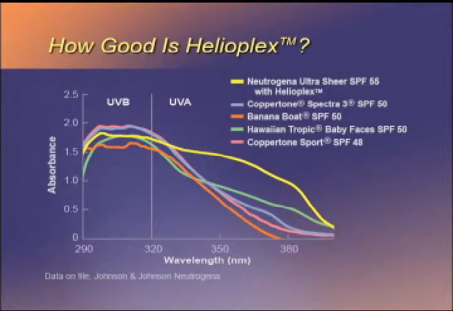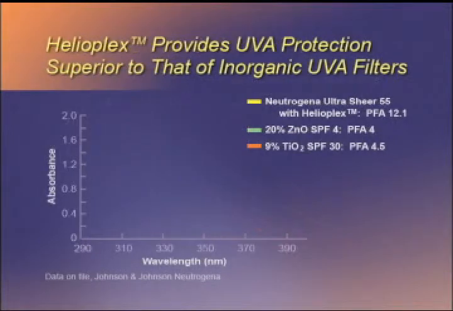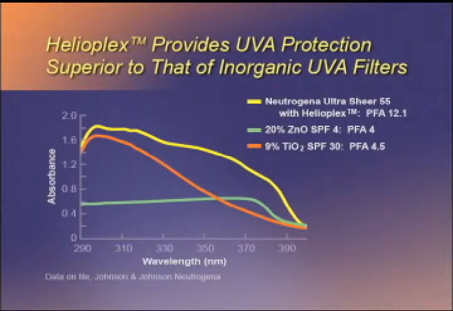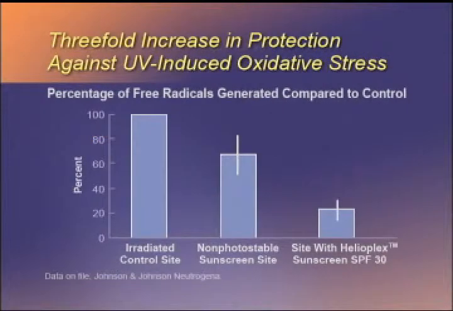The Neutrogena product exhibited the widest breadth and highest protection in the UVA range. Spectral scan results demonstrated superior UVA protection than a product containing 20% zinc oxide and one containing 9% titanium dioxide.